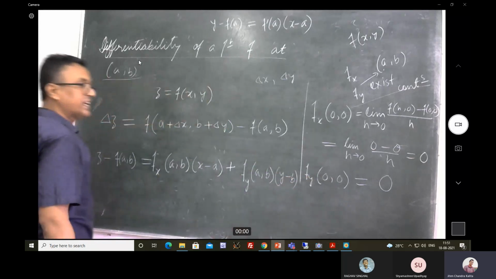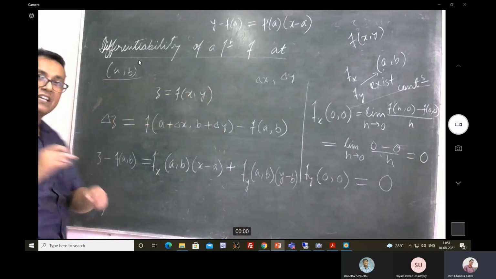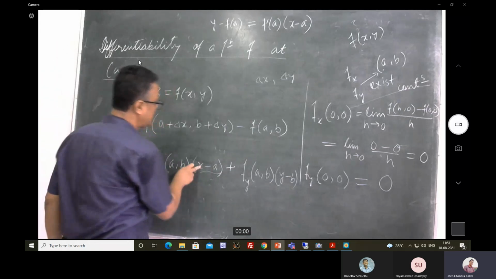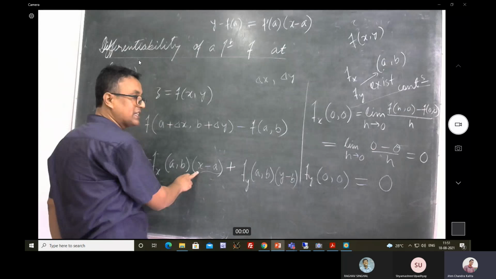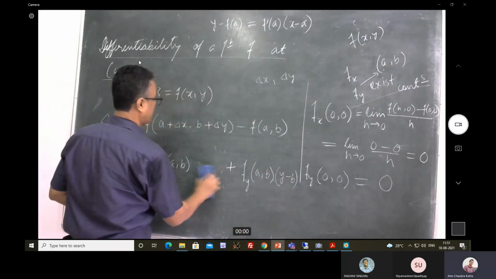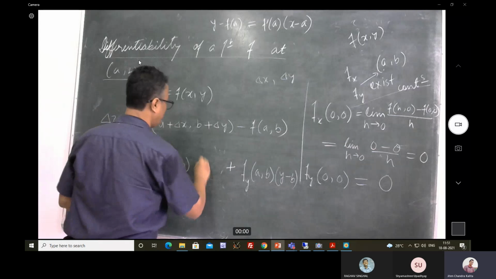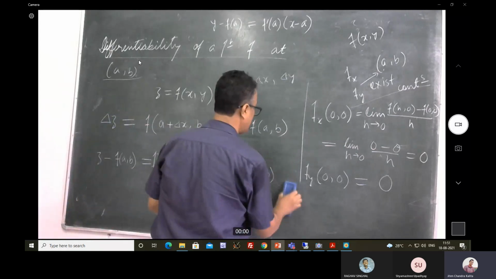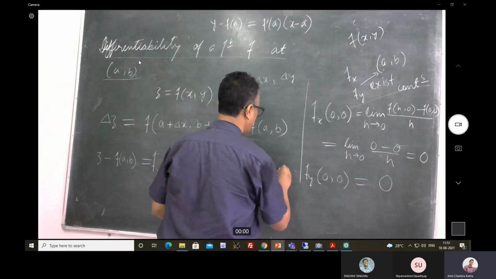Then the differentiability we defined. Now instead of x, you can write a plus delta x, so this x minus a is going to change to delta x, and this y minus b is going to change to delta y.